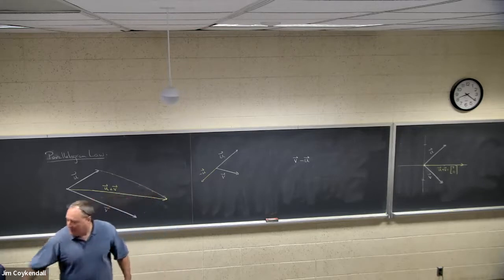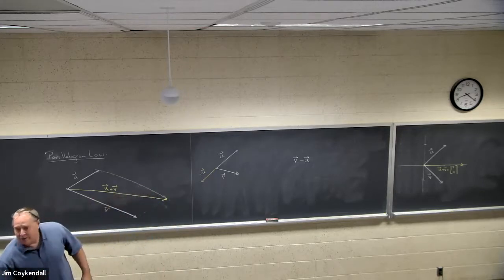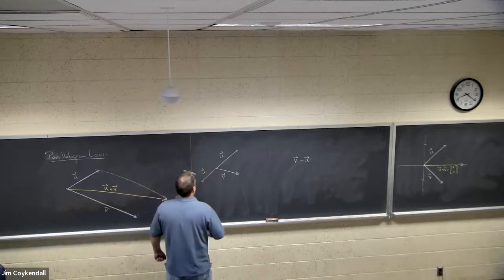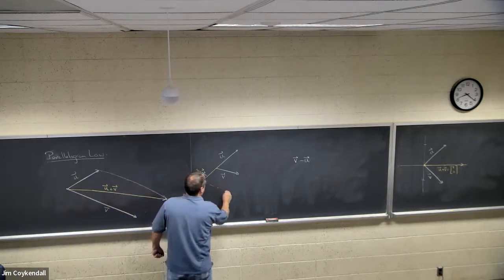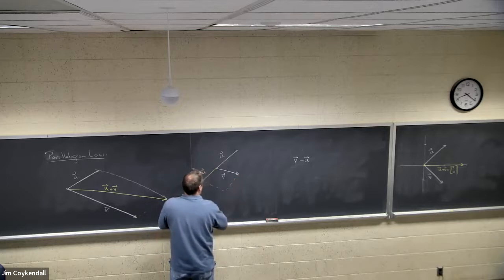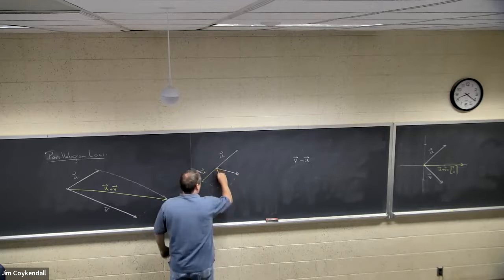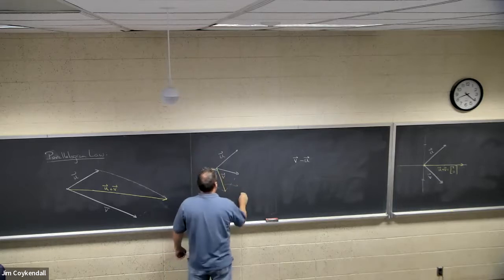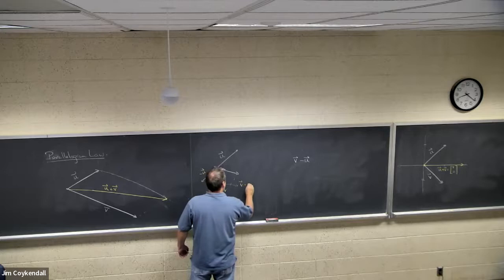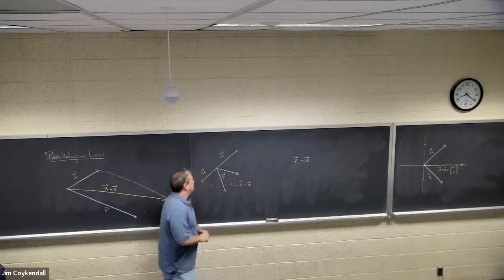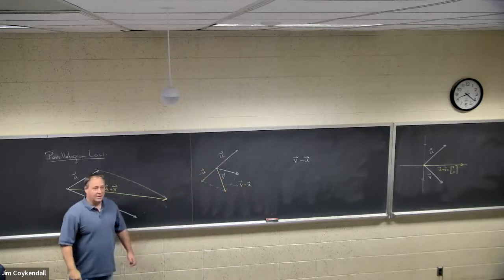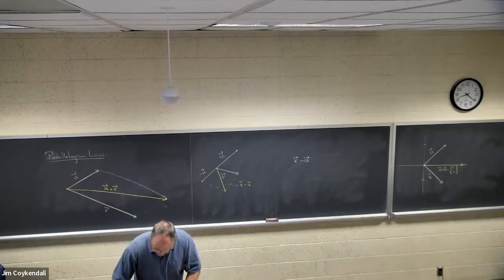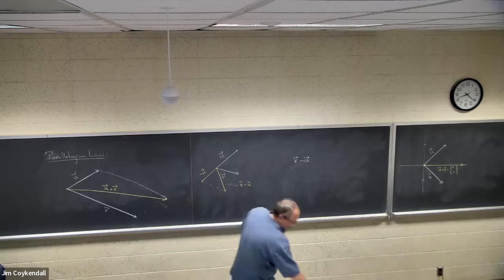And now that I've got this, all I have to do now is add V and minus U. So this thing right here should be the difference. Everybody okay? All right. Good.